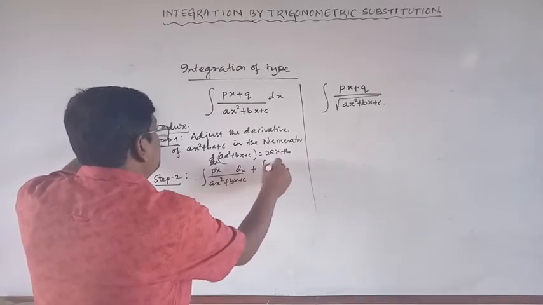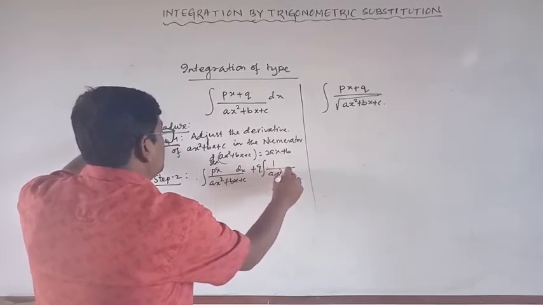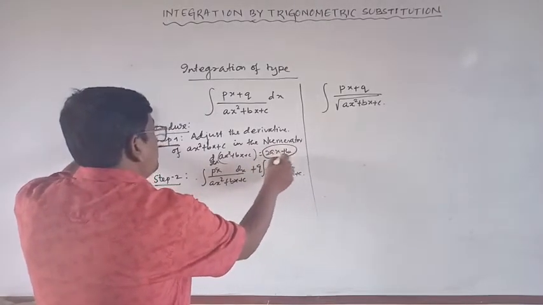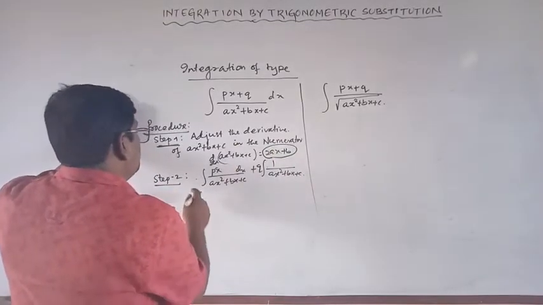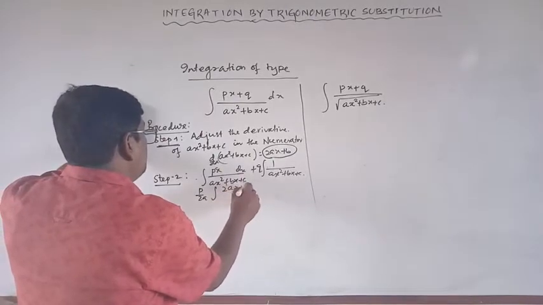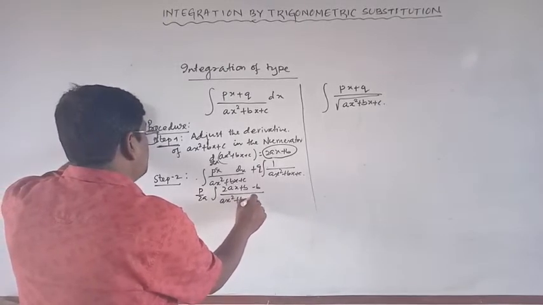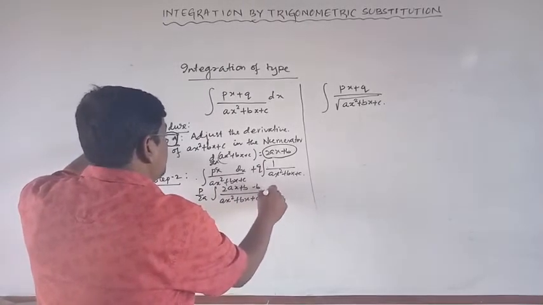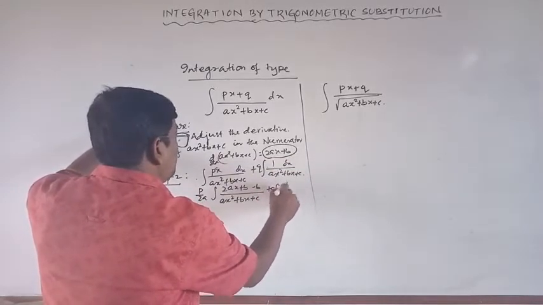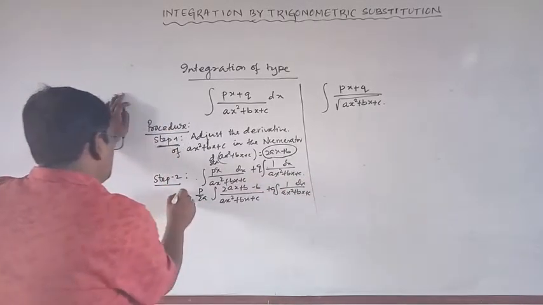The derivative of ax square + bx is 2ax + b, so p by 2a common, times (2ax + b), minus pb by 2a, plus q, divided by (ax square + bx + c) dx.